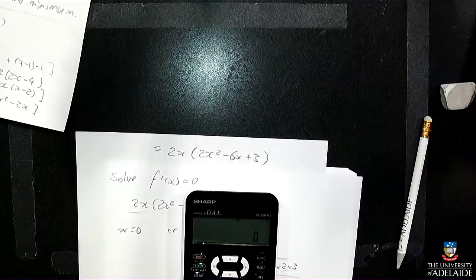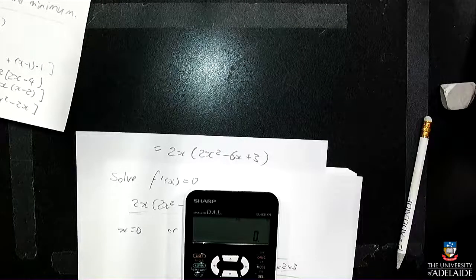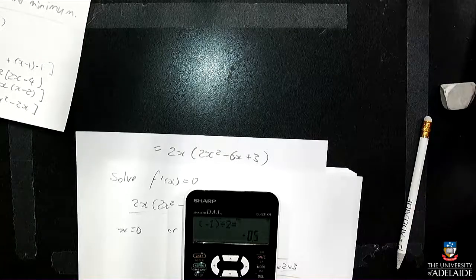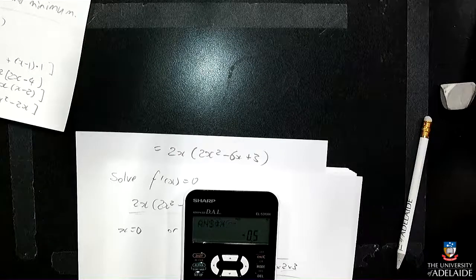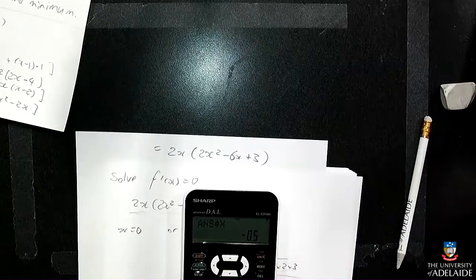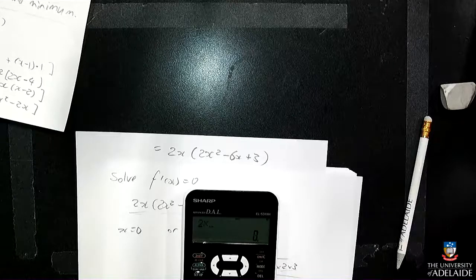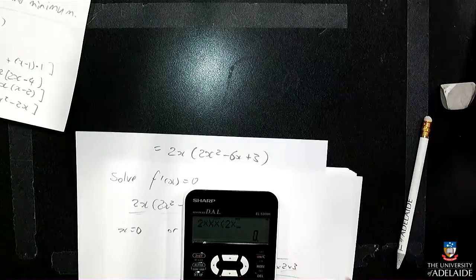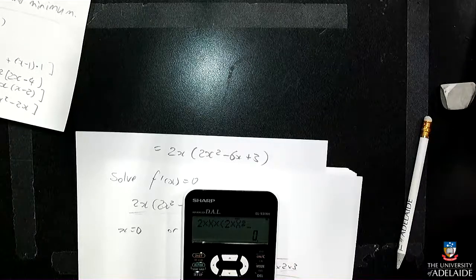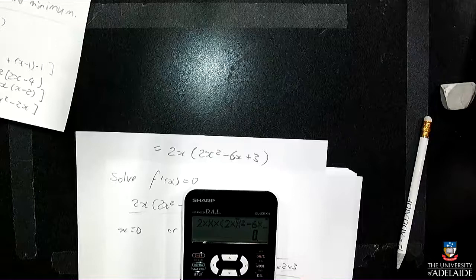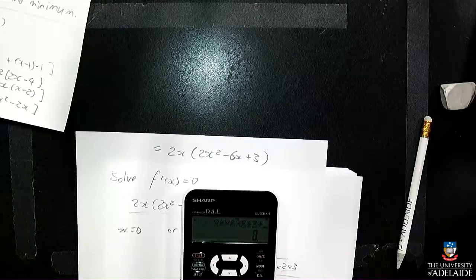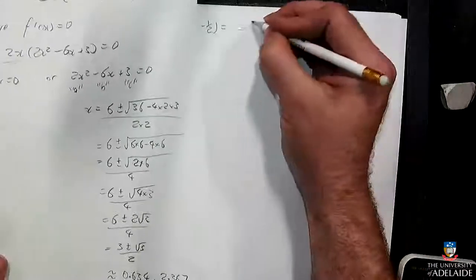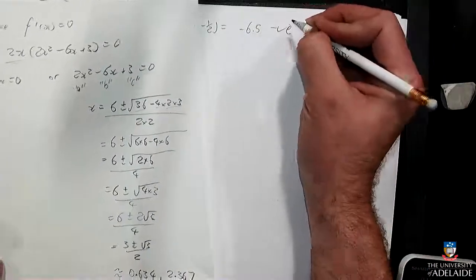Do you know what? -1/2, and we'll store that in x, and then we'll go 2 times x times 2 times x squared minus 6 times x plus 3, minus 6.5. Negative.